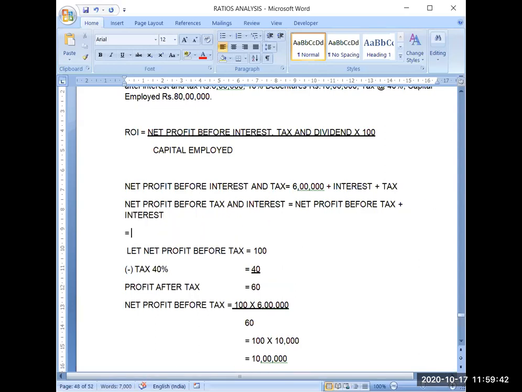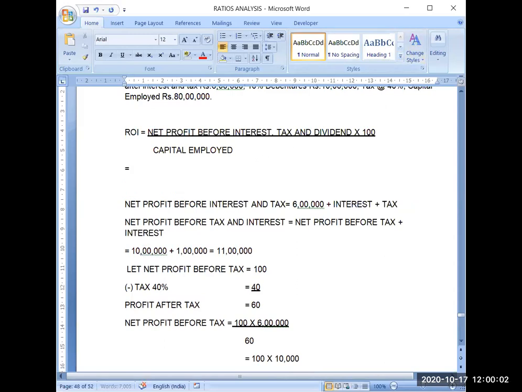Net profit before tax is 10 lakh plus interest, 1 lakh. So it will now be 11 lakh. Now I have got the numerator, net profit before interest and tax. I can calculate return on investment. So 11 lakh multiplied by 100, and capital employed is given in the question itself.